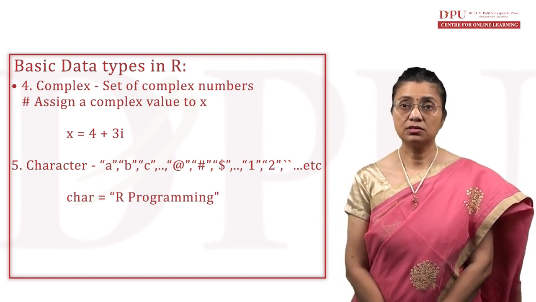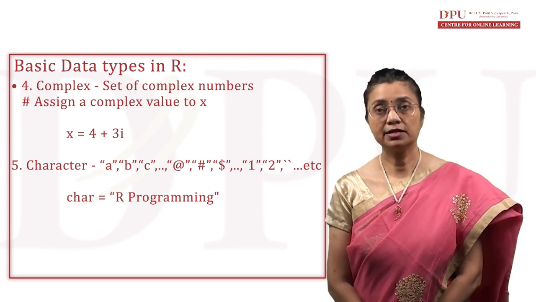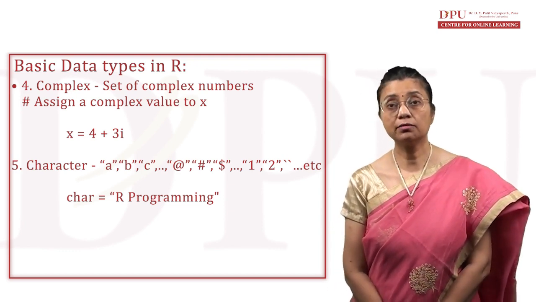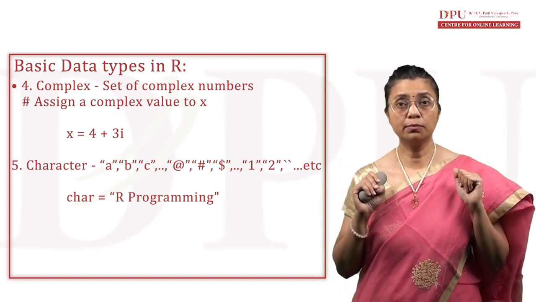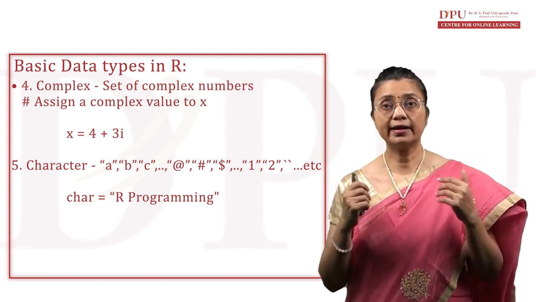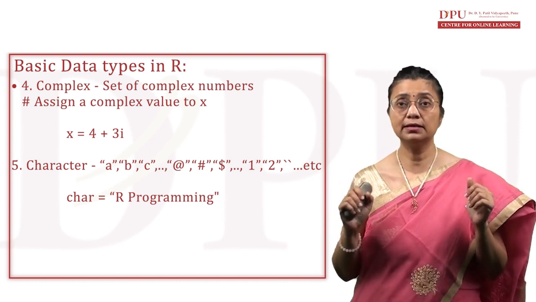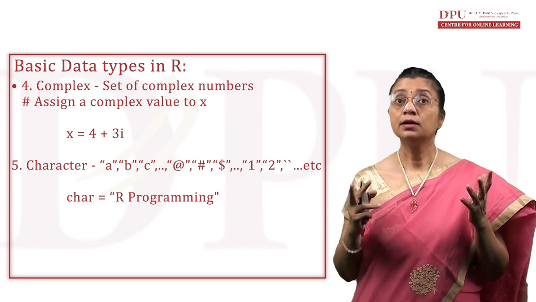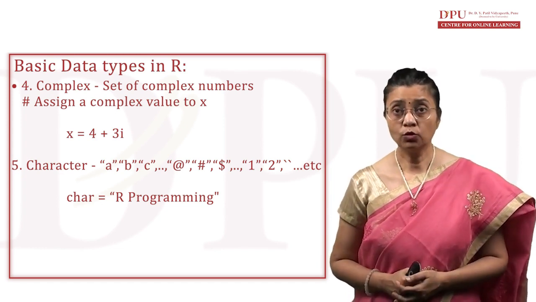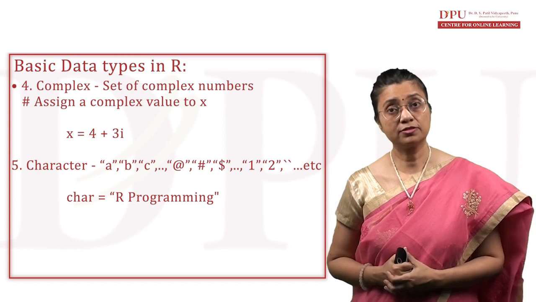Next, we have character, for example "abc@#$123". Any piece of text, if it is enclosed in double quotes, is called a character data type. So anything in double quotes becomes a character. If I say 1, 1 is a numeric value, but "1" in quotes is a character value.